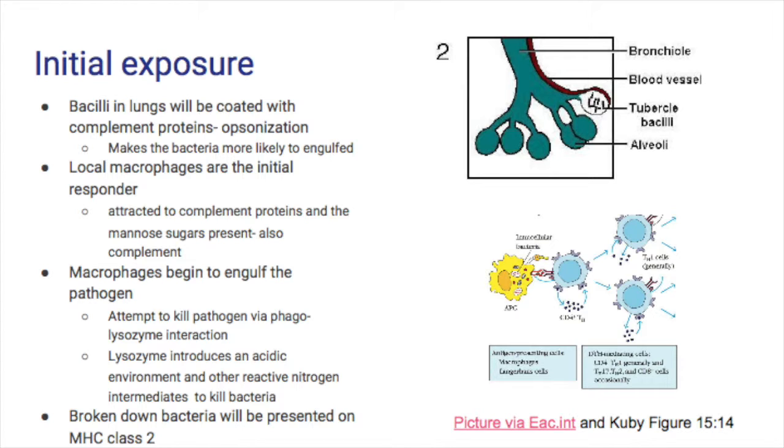And this happens by that vacuole being fused with a lysosome within the bacteria, and that process will begin to kill the bacteria within the macrophage. And then broken down bacteria will be presented on the MHC class 2 to the outside of the macrophage, and this will begin many processes as shown in this figure.